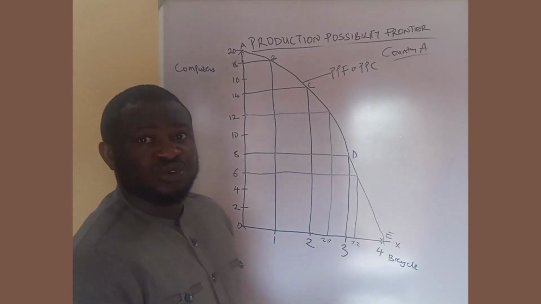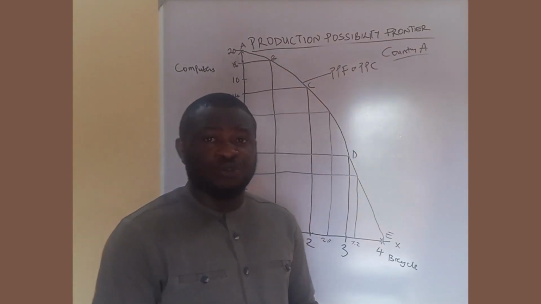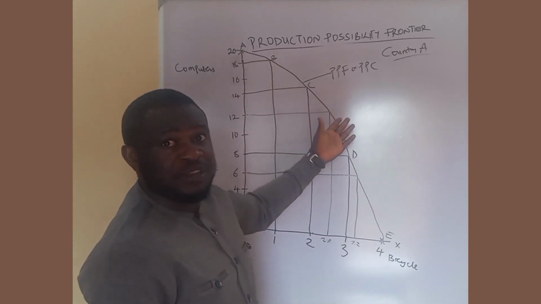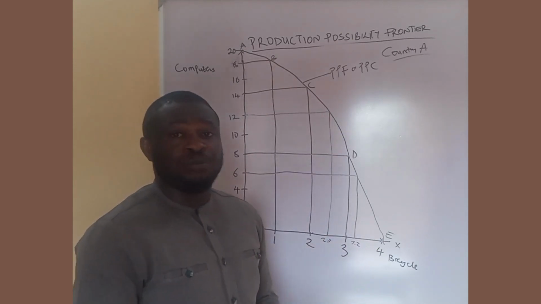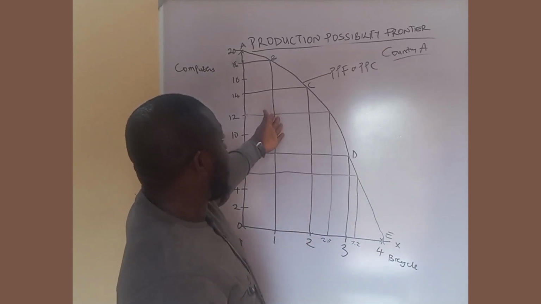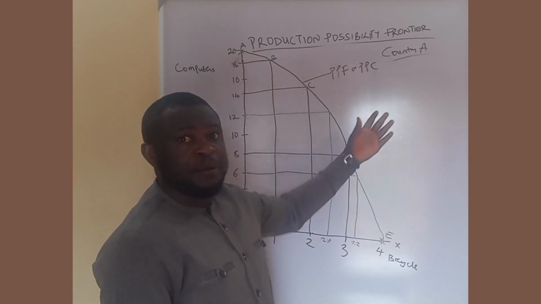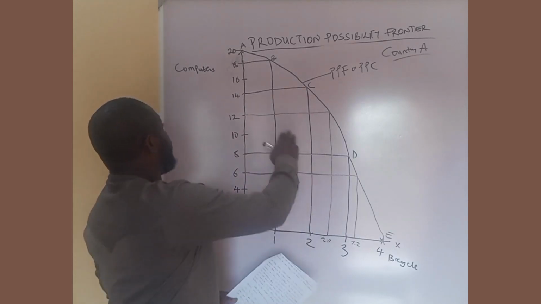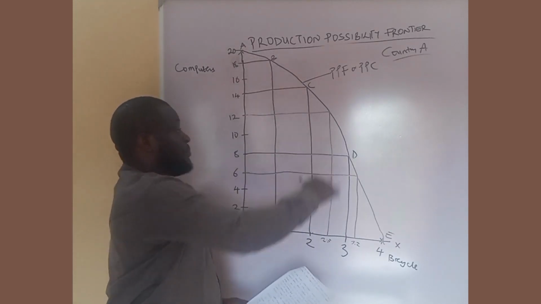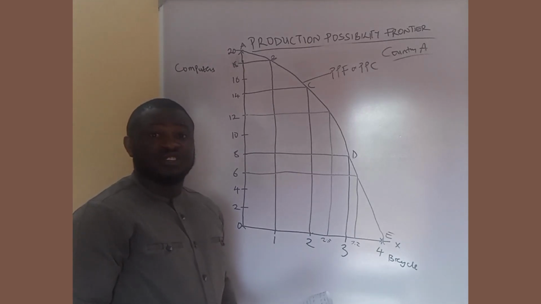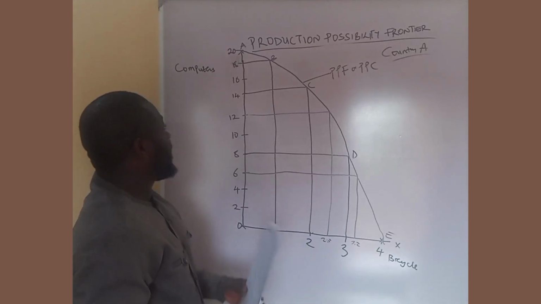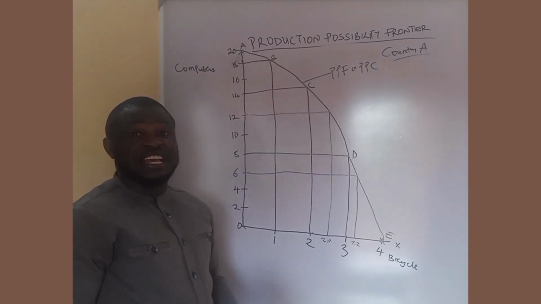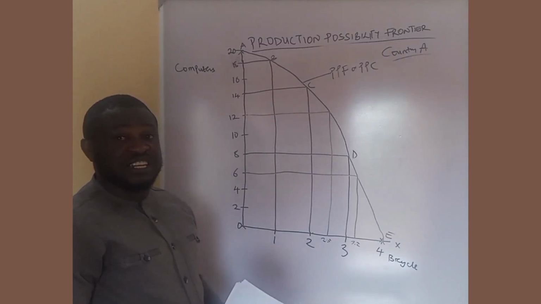Finally, we are going to look at whether a country's economy will always be producing at the boundary of the production possibility curve or whether the economy can operate under the boundary or beyond the boundary. The question of whether a country's economy could always produce at the production possibility frontier, the answer is no. Countries that produce at the production possibility frontier are countries that are utilizing the resources of that country efficiently.